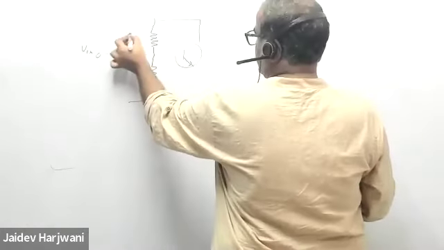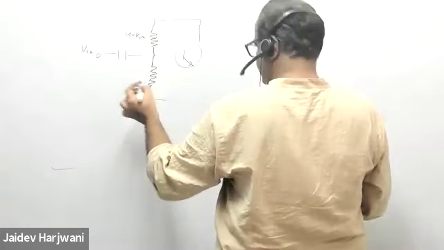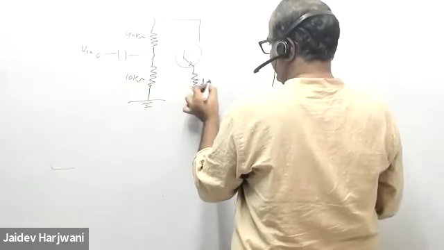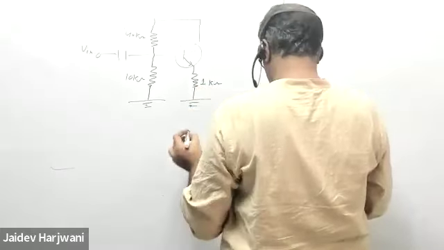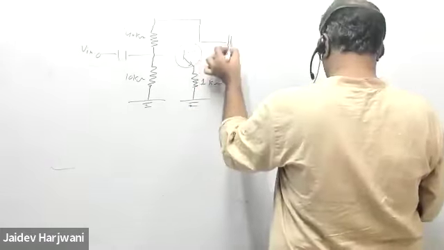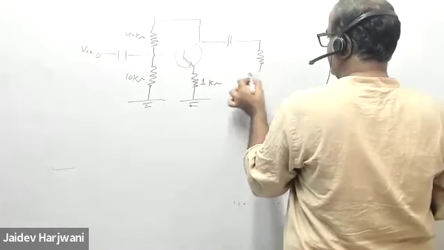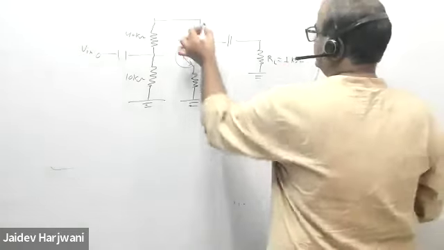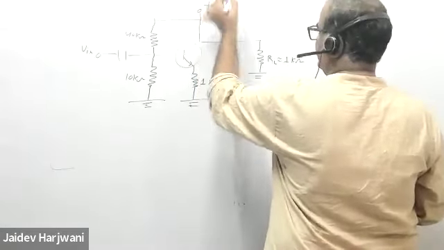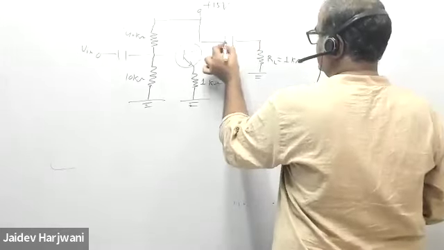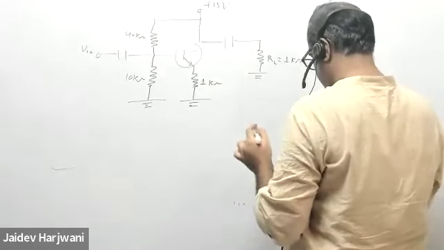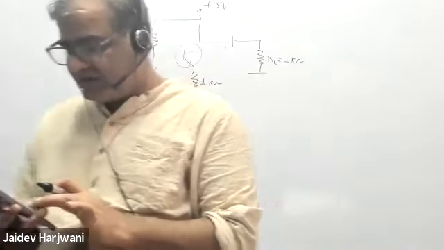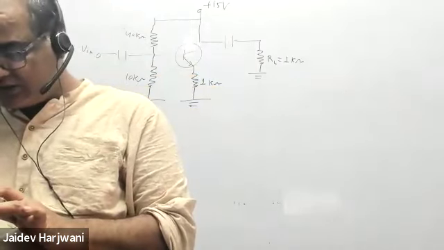This is 40 kilo ohm, this is 10 kilo ohm, and this is 1 kilo ohm, and here you have a capacitor, and RL equals 1 kilo ohm, and this is plus 15 volt. So the question first is to find the DC bias level, the DC voltage across the capacitor.